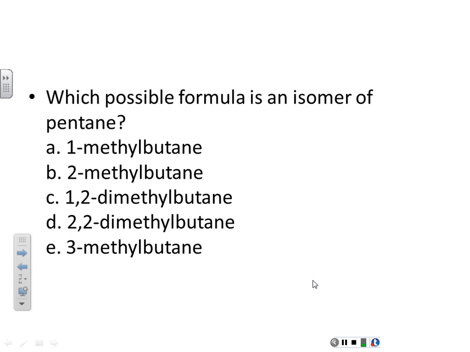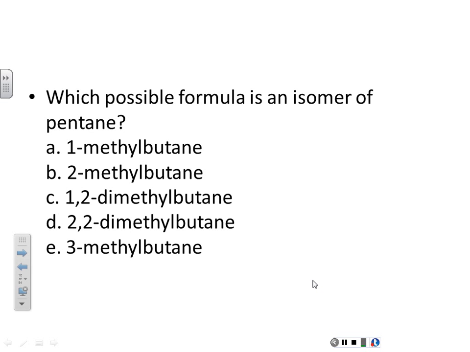One methyl butane. So 1 methyl butane will be an alkane, correct? Butane is 4 carbons.